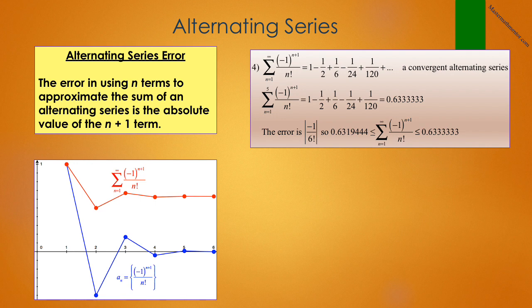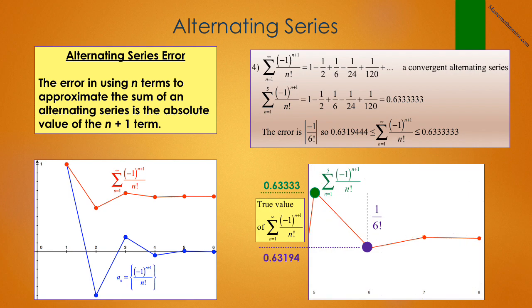The red represents the summation n equals 1 to infinity of negative 1 to the n plus 1 over n factorial. And notice how after a few terms, it is starting to level out.